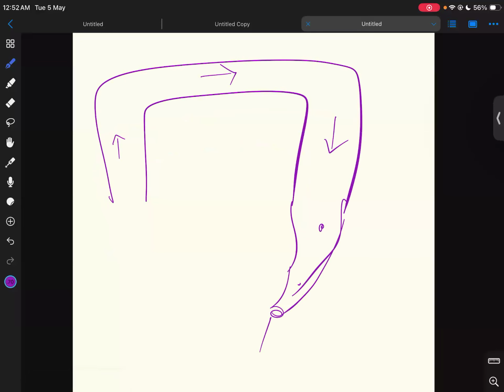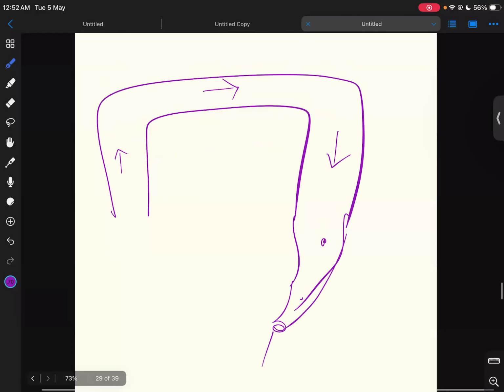This is the rectum and anal canal. So any pathology happening distal to the sigmoid colon. Okay, let me begin from the beginning. So any pathology happening in this colon will present with per rectal bleeding.